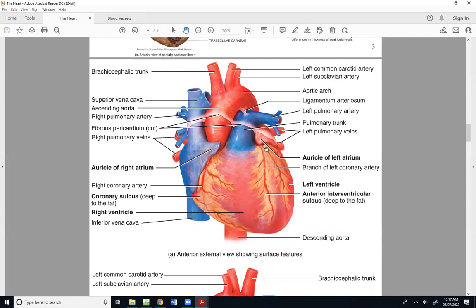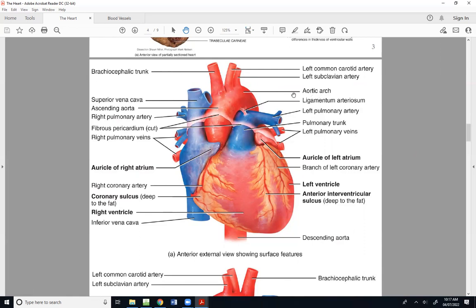We'll get into the different parts of the aorta in our next lecture. So aorta, right pulmonary artery, right pulmonary veins, auricle of right atrium, or as we would commonly call it, right auricle, coronary sulcus, right ventricle, and inferior vena cava.